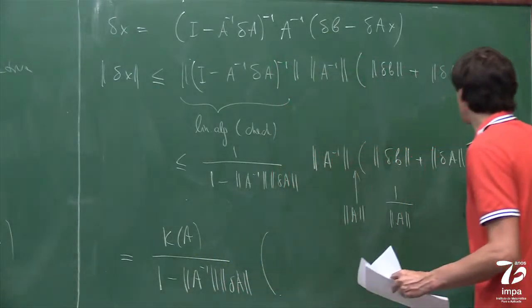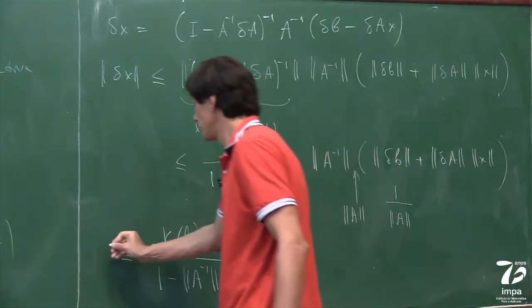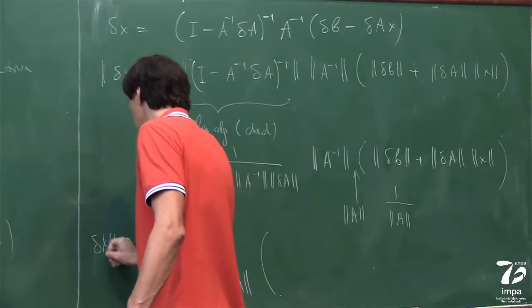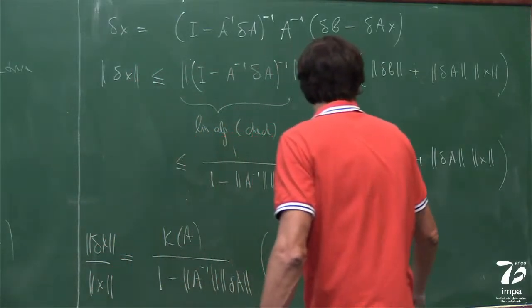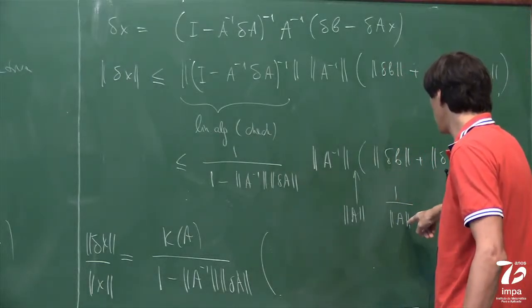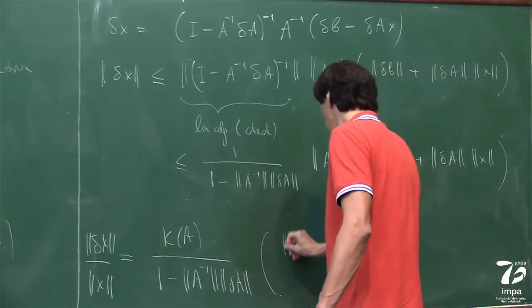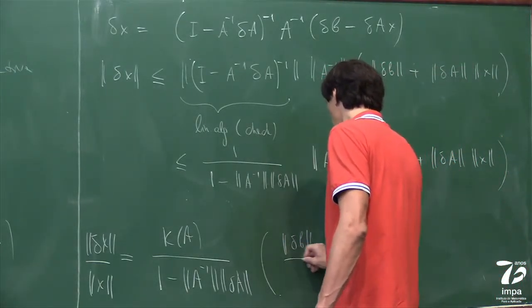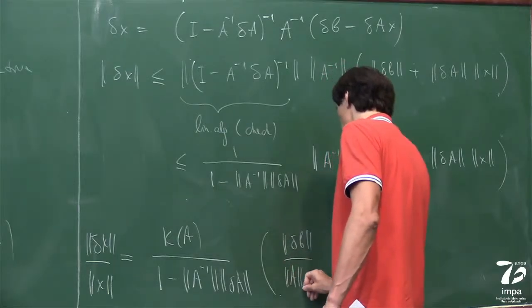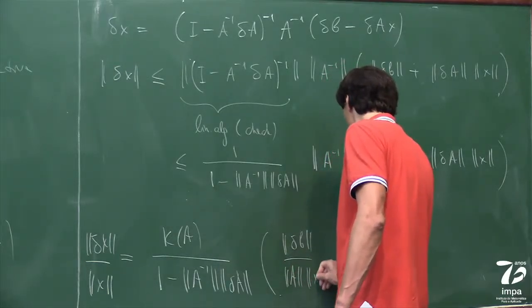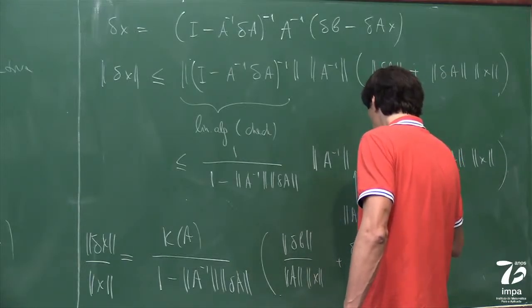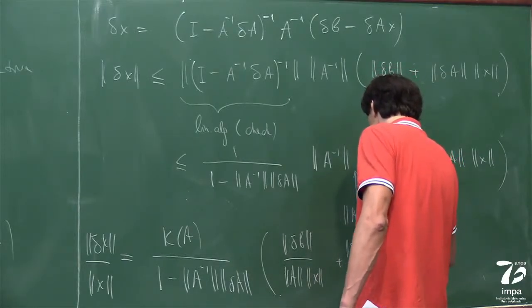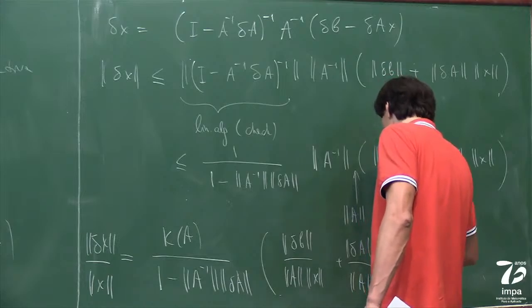And also let's divide it by x. So it will be norm of delta x divided by norm of x. And here we'll just have delta A, x cancels. Okay?